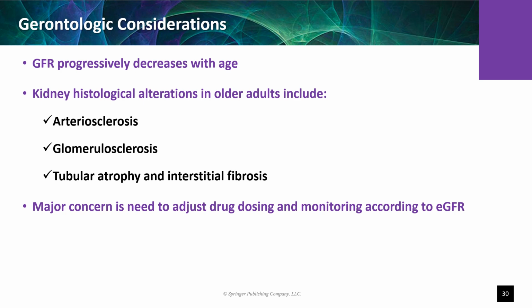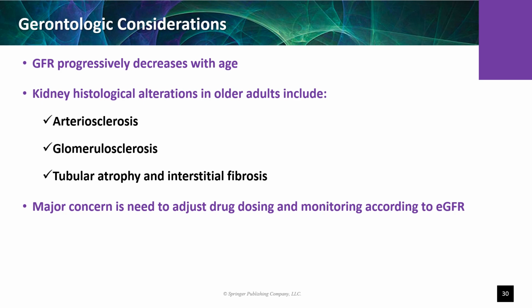The kidneys begin to decrease in weight and volume beginning about the 4th decade of life. Each decade after age 40, the renal blood flow is reduced by about 10%, and the average GFR decreases by 8 milliliters per minute per 1.73 meters squared.